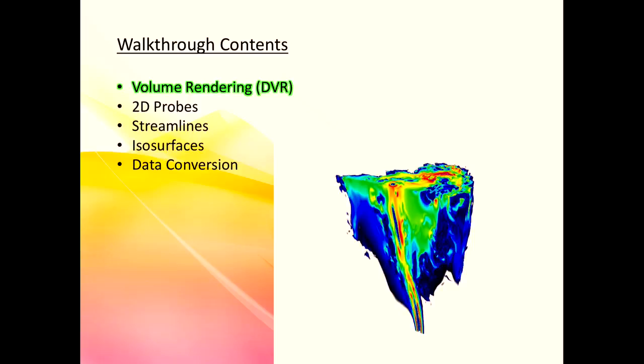It stands for the direct volume renderer. And basically what it does is it applies two things to a 3D volume. It applies color and opacity to your entire 3D volume of data. And we'll go over how those two things, color and opacity, can be specified to illuminate some of the features that you guys may have in your simulations.